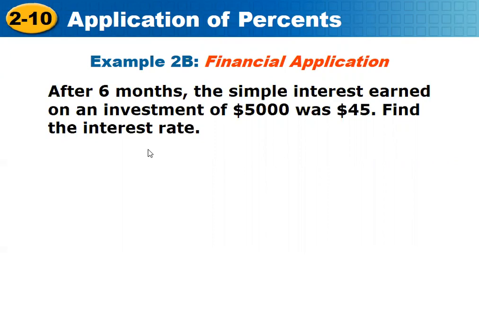So let me search with you about which one represents the time. This one represents the time, but we need to convert. This one represents the principal, and this one represents I. Find the simple interest rate. So we are looking for R.